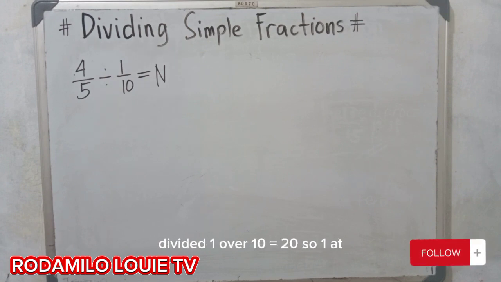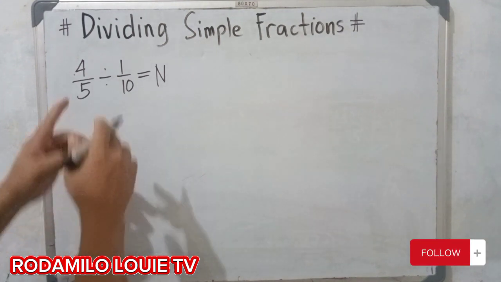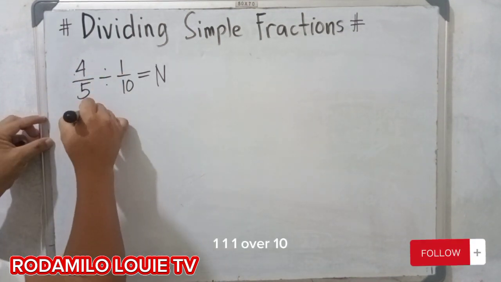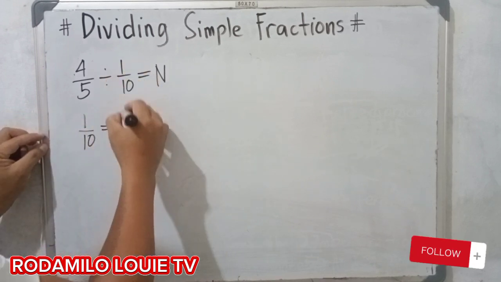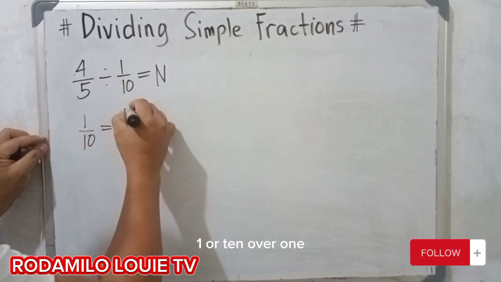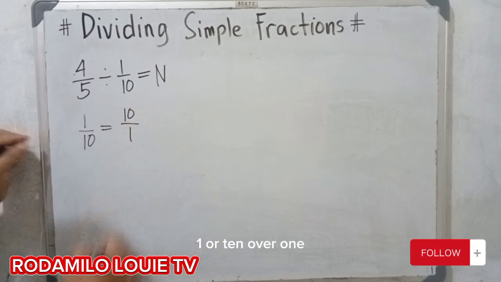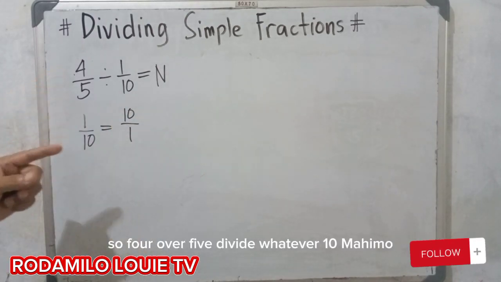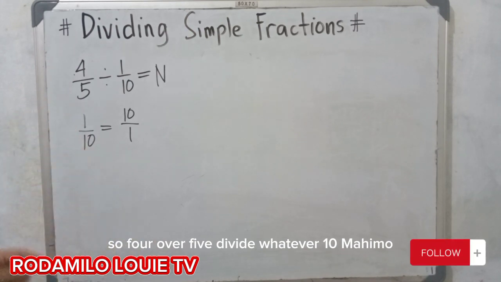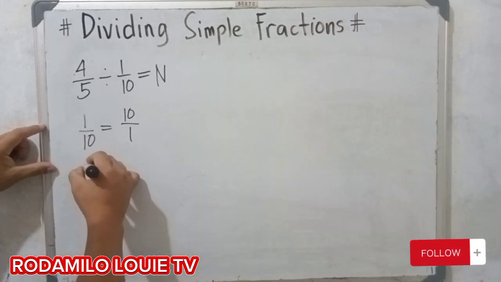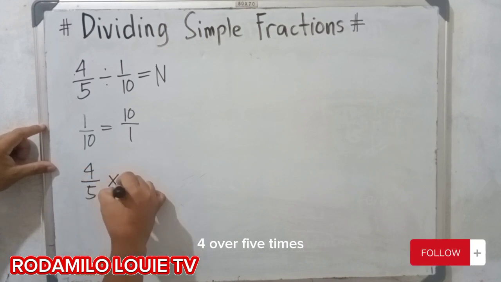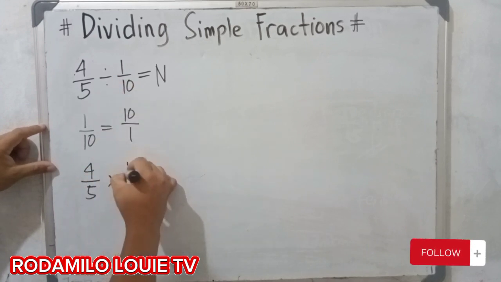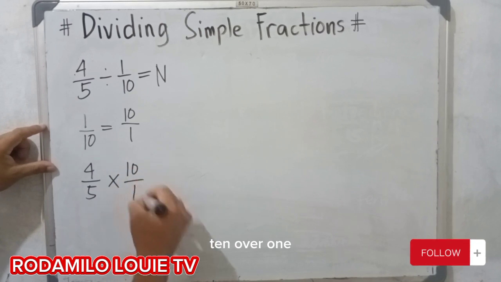So ang una natong button is pangitaw na to ang reciprocal sa atong divisor nga 1/10. So ang reciprocal niya is 10/1. So karon ang 4/5 divide 1/10 mahimong 4/5 times 10/1.